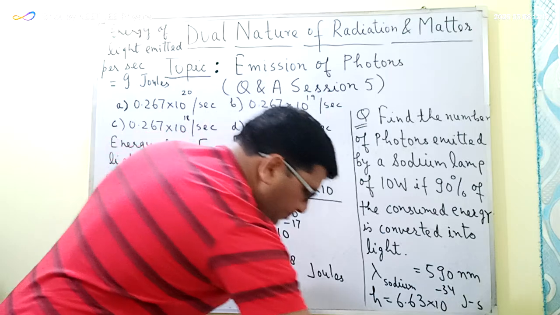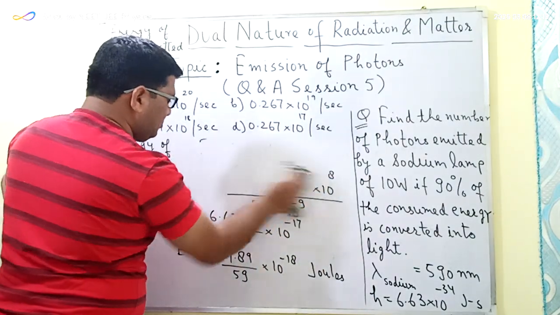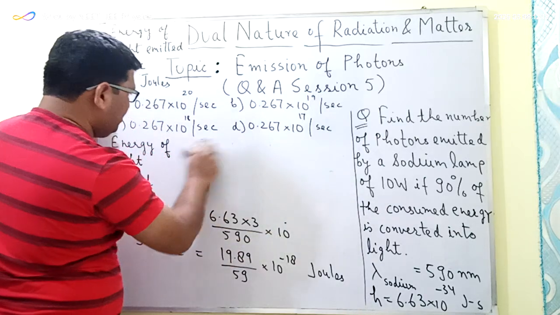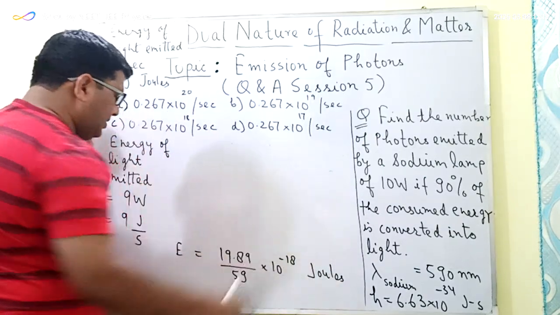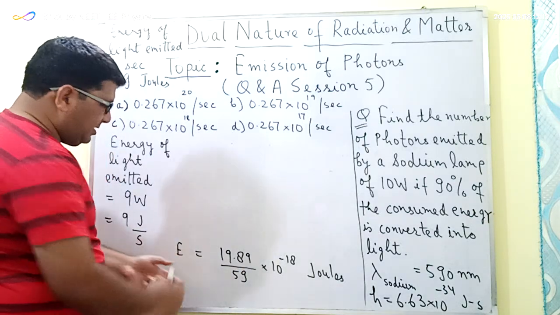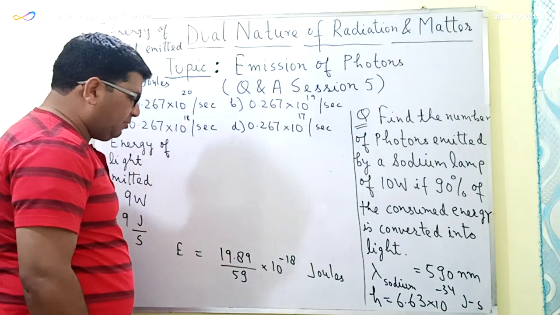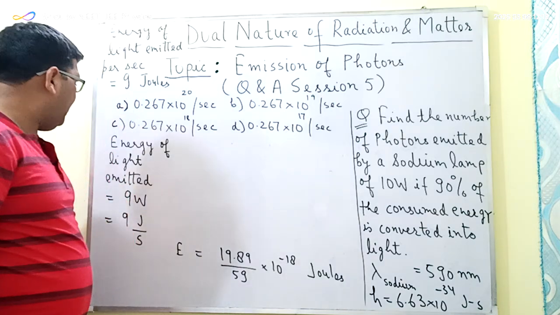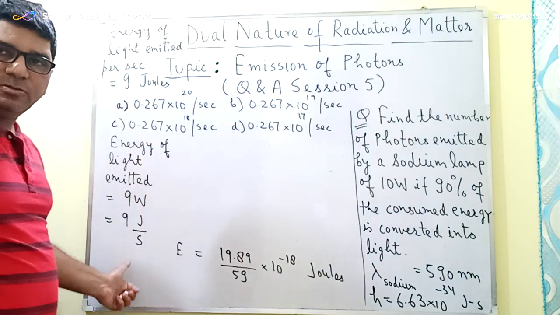Now the energy of a photon is 19.89 divided by 59 into 10 to the power minus 18 joules, and the energy of the light emitted per second is 9 joules.